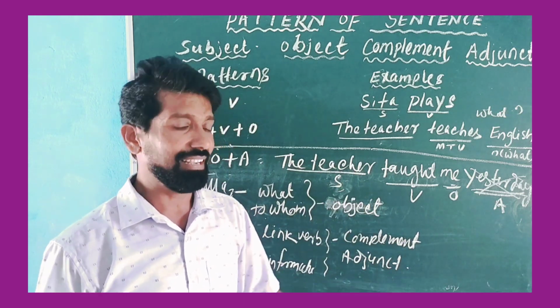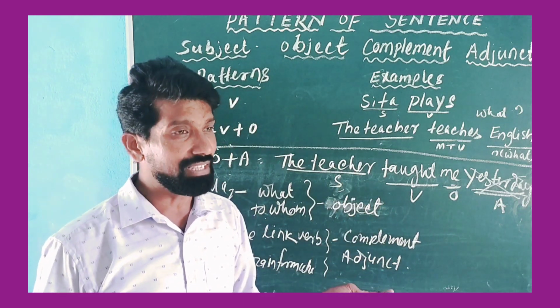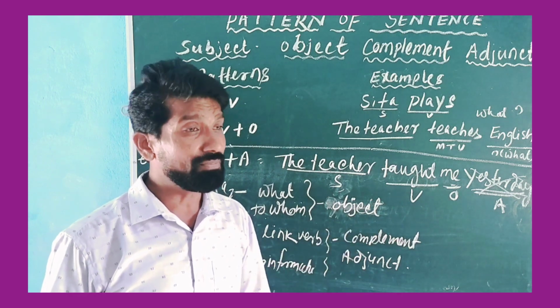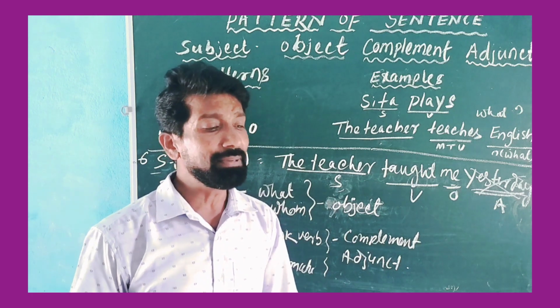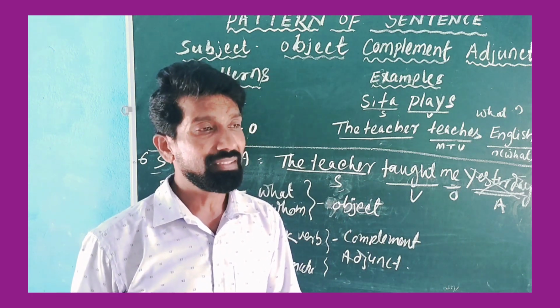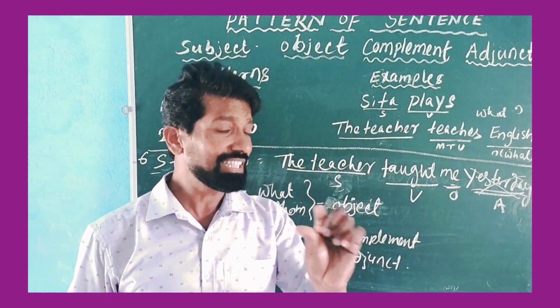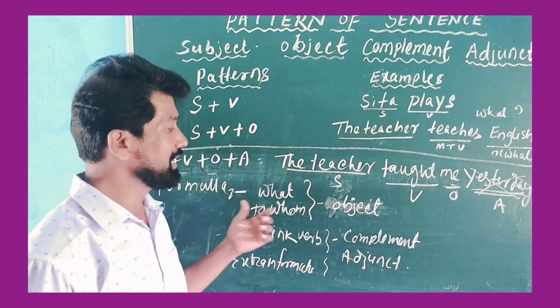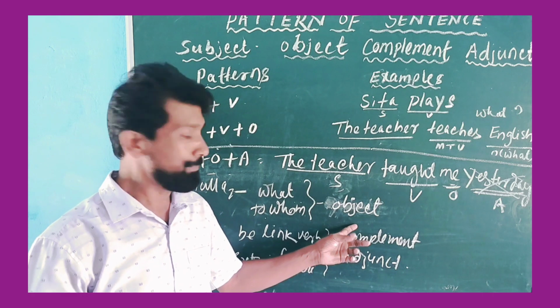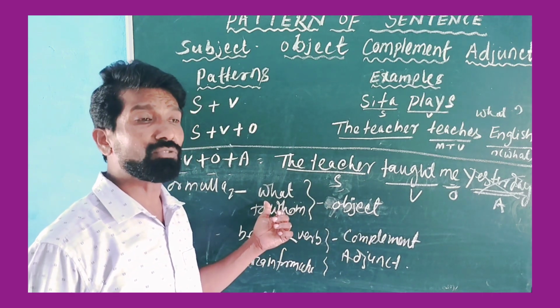Understand? I hope that you have understood what is subject, what is verb, what is object, what is complement, and what is adverbial. I will give some activities. Can you do this? Let's have some quick formulas that I would like to share with you. In order to find out the object, you just ask the question what or whom to the verb.